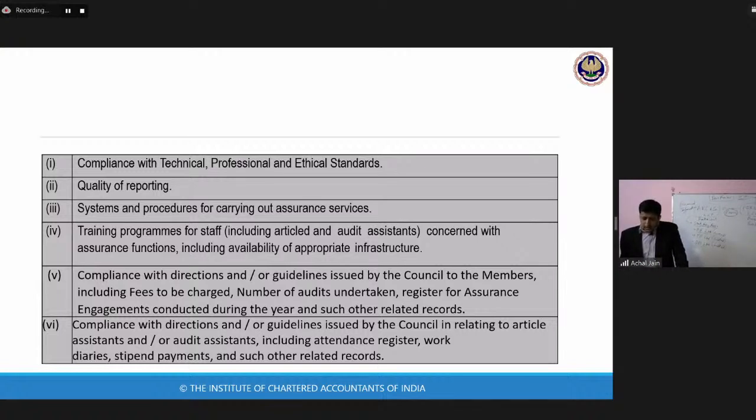Now comes the most important point, and that is about applicability. This is very important to understand, applicability of peer review. So let's understand how does this peer review become applicable.